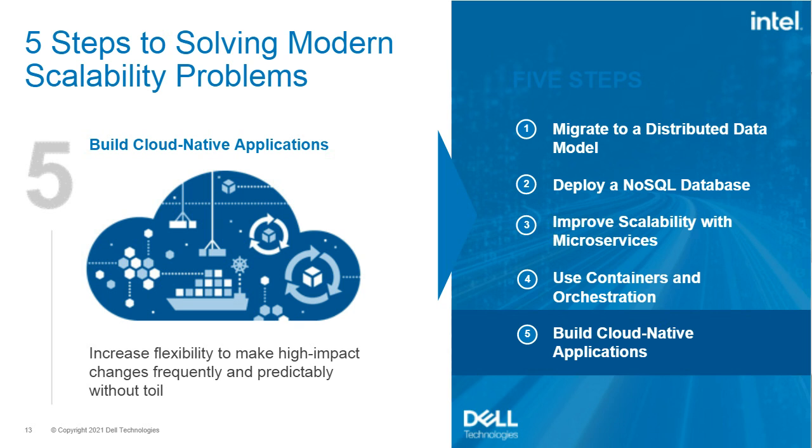And one of the main things is embracing distributed technology. So embracing distributed databases, distributed data models, distributed orchestration tools like containers and Kubernetes. So in a nutshell, a cloud native application is designed from the ground up to take advantage of the benefits of cloud computing.